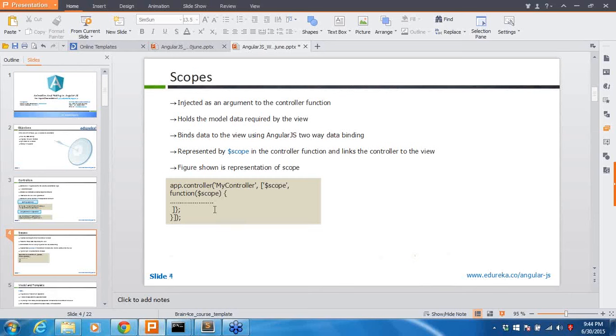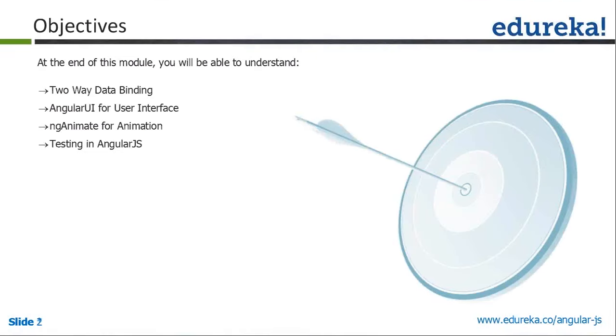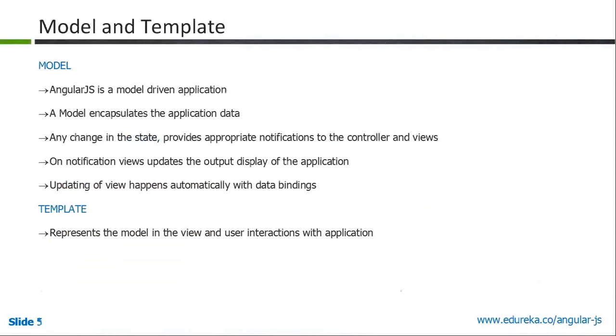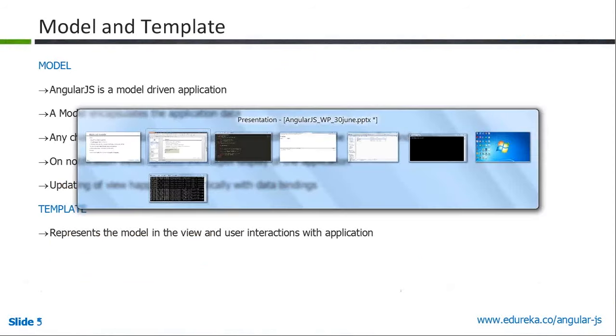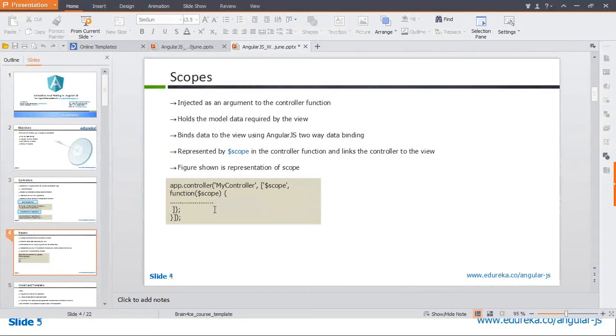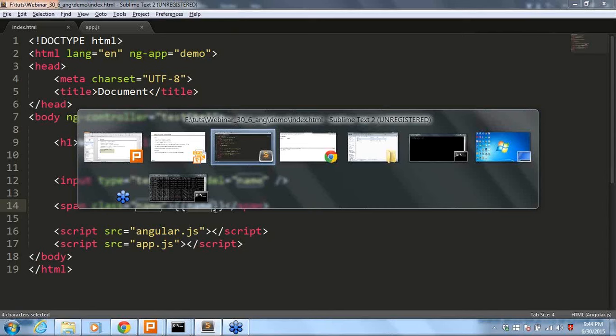Let's go to the PPT again. Okay, so model and template. What does it mean by model? Whatever data you are getting from the backend or whatever data you are handling in the UI, that's what we call a model. Let's go back to our example again.